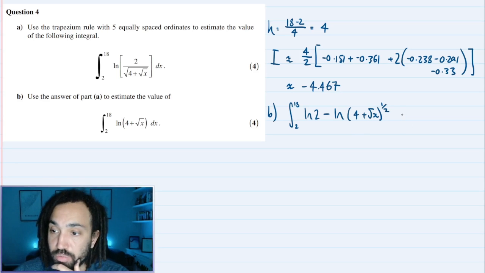And we knew that that was approximately equal to minus 4.467.